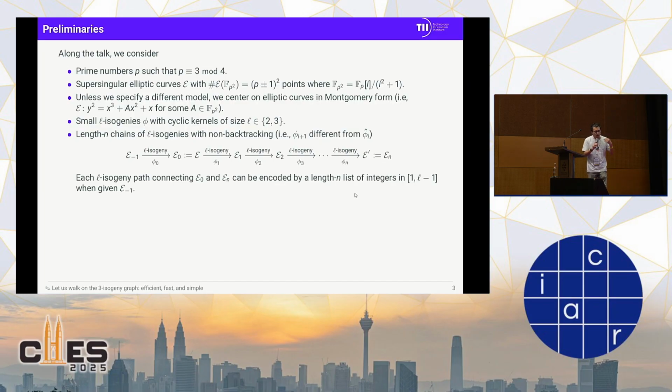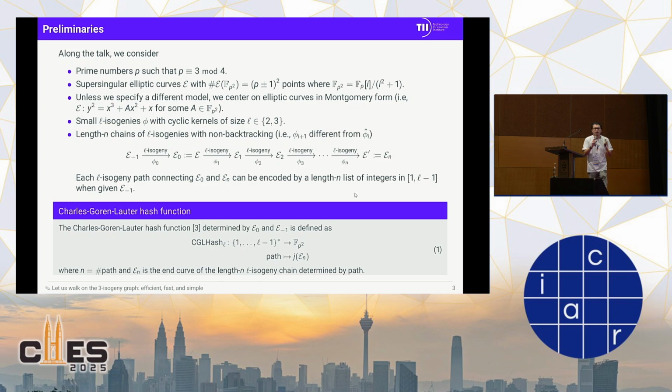We have an additional assumption: let's assume that you have an extra elliptic curve. We call it E minus 1, just for simplicity and for defining the hash function, the CGL hash function, which is by Charles, Goren, Lauter. Essentially, you just take a string.